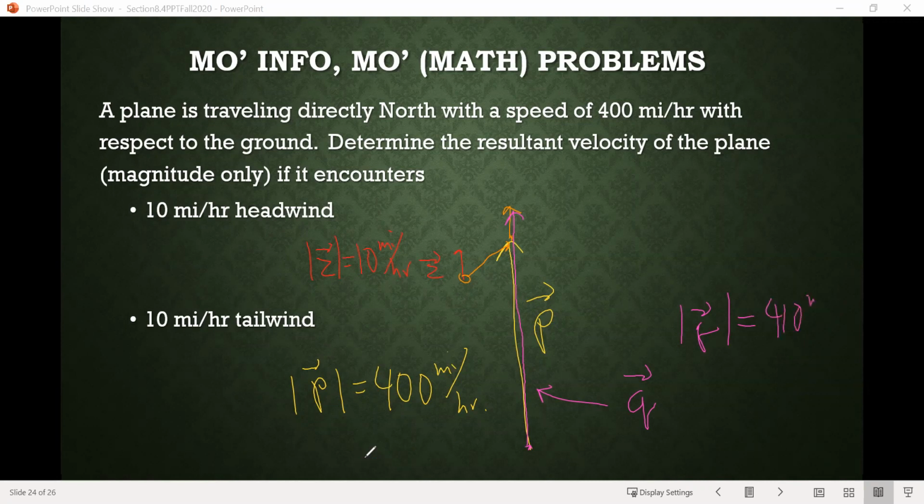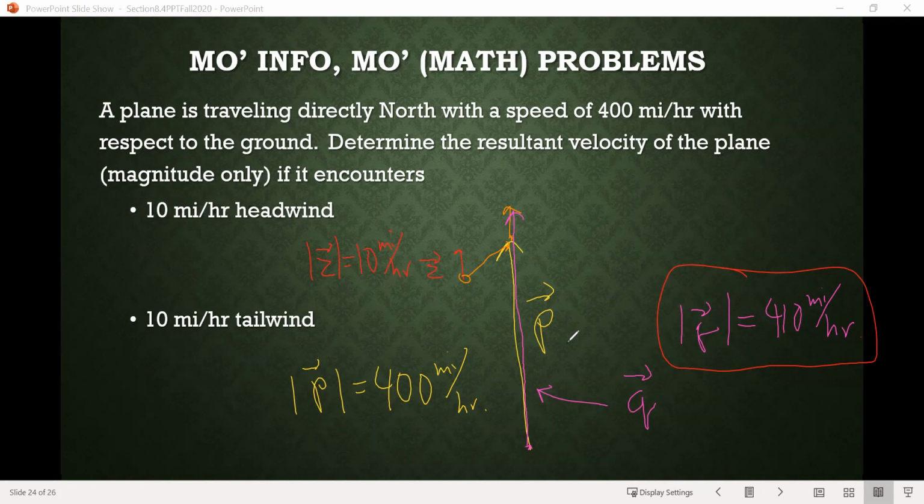So it's going to give us a magnitude of 410 miles per hour in this case. Okay. And again, I know you probably could have figured those out without using vectors, but since that's what we're doing in this section, we want to think about them that way.